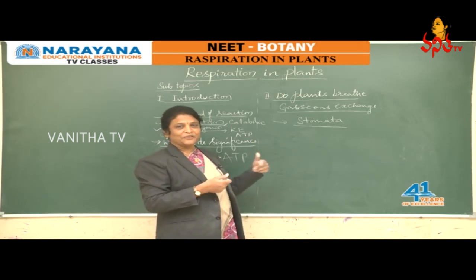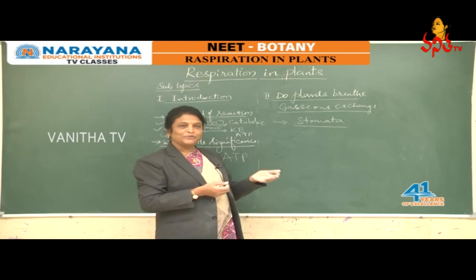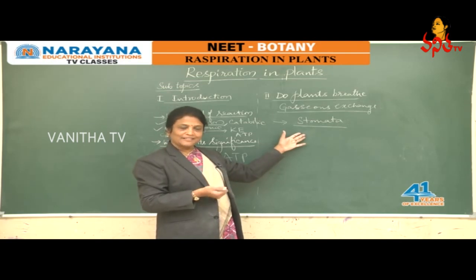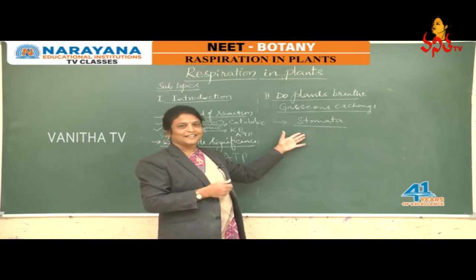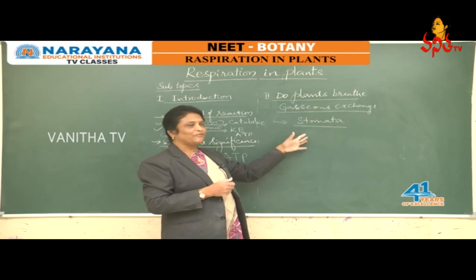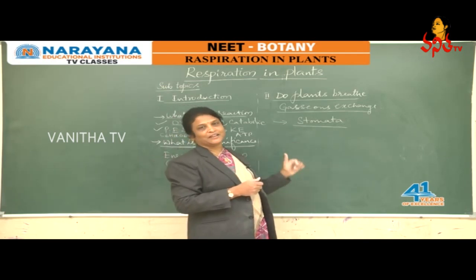So, vice versa, plants perform uptake of oxygen and evolution of carbon dioxide just like us during respiration, that is gaseous exchange performed by stomata. And during photosynthesis, additionally they perform uptake of carbon dioxide and evolution of oxygen to restore that oxygen in the environment. Previously we followed also by stomata.